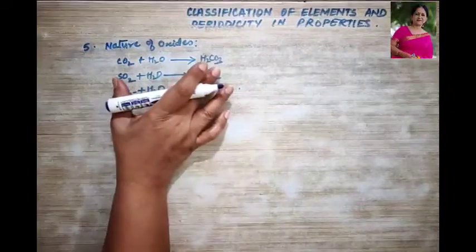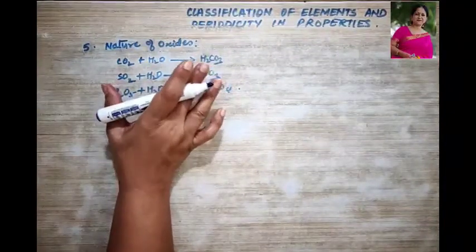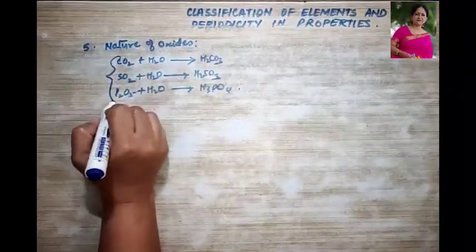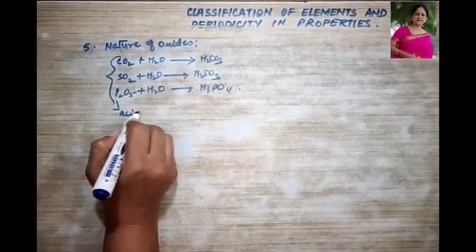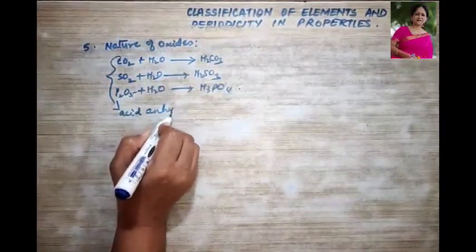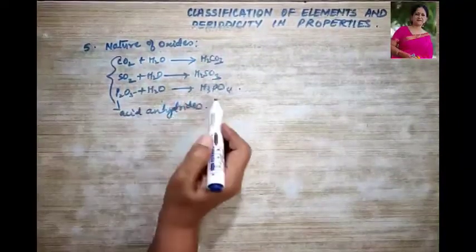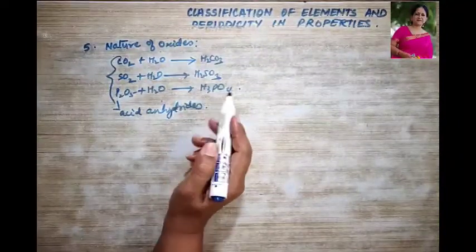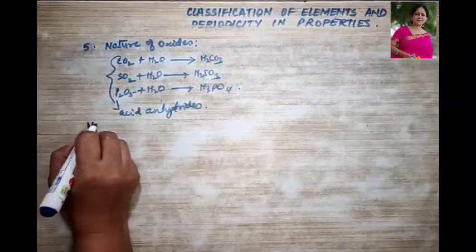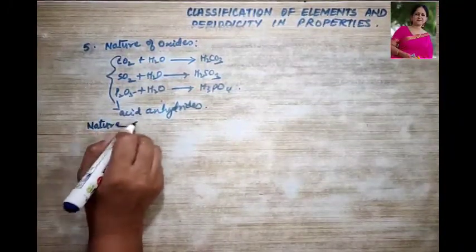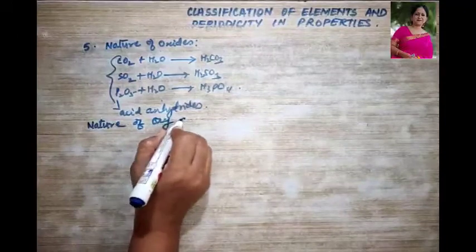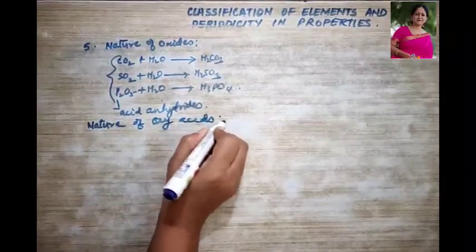That is, what are we seeing over here? What are these called as? Acid anhydrides. Okay, these are termed as acid anhydrides, which when dissolved in water give us acids. Now let's talk about the nature of oxyacids, right?